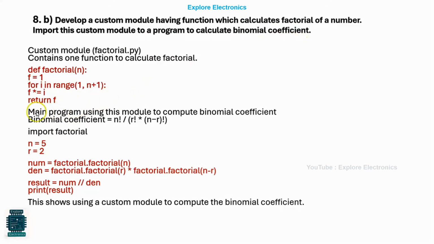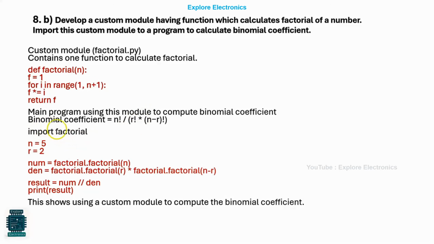Main program using this module to compute the binomial coefficient. The binomial coefficient is n factorial divided by r factorial into n minus r factorial. I think you all know this formula in mathematics very well.